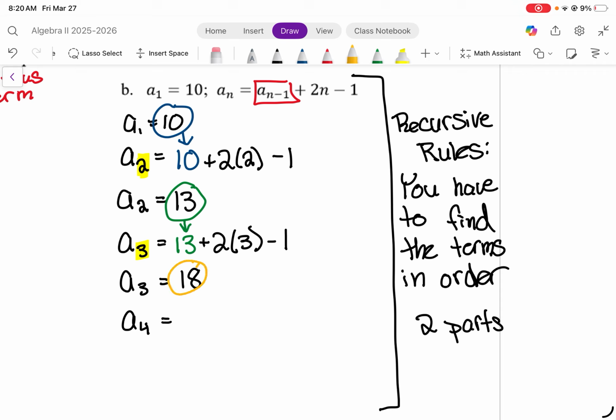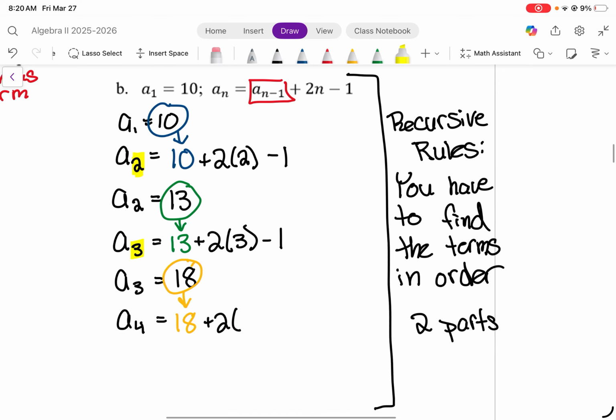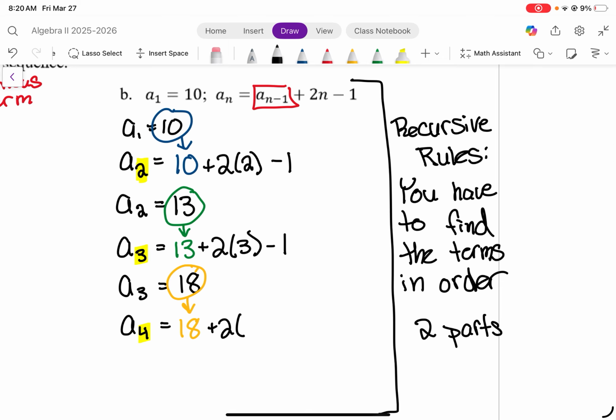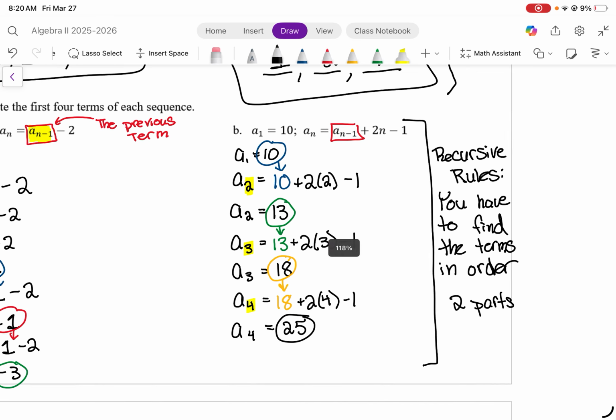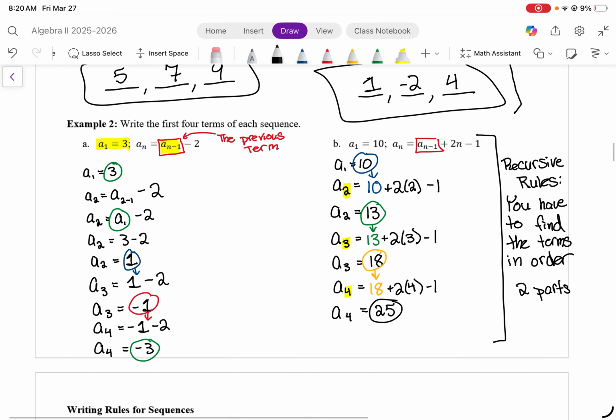I know my previous term was 18, and then I'm going to add 2 times my n value, which is 4, and then minus 1. And when I type all of that in, I am going to get 25. And that gives me the first 4 terms of this sequence.